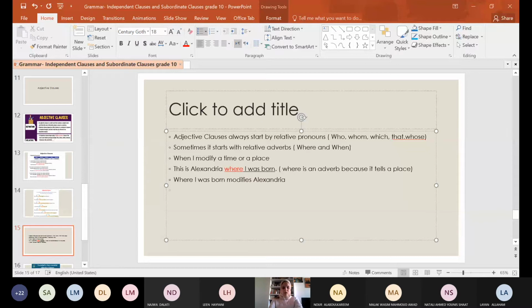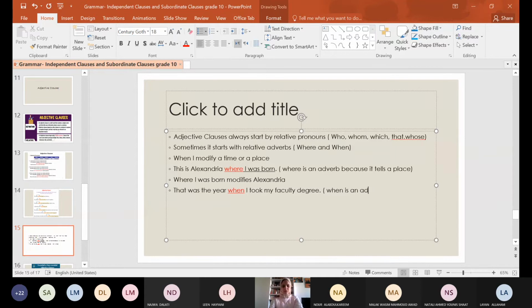In order to modify a time, let's take another example. That was the year when I took my faculty degree. Here, when is an adverb also.